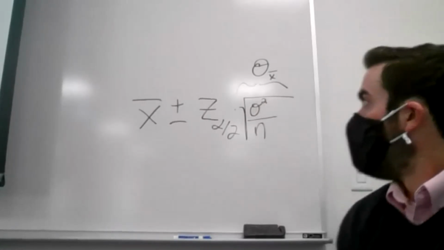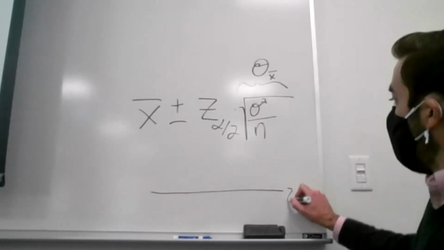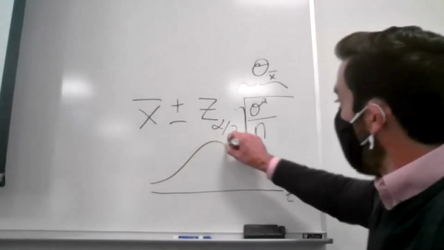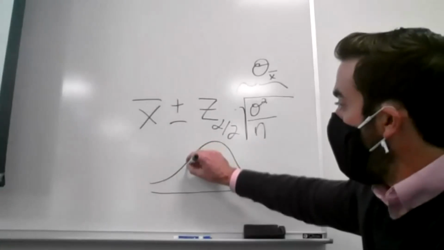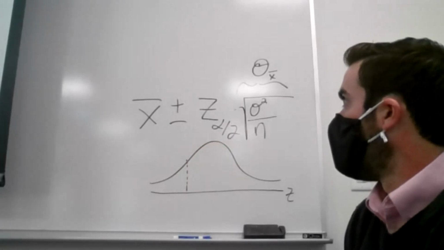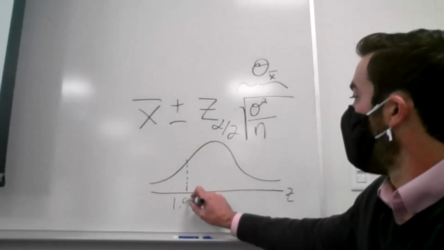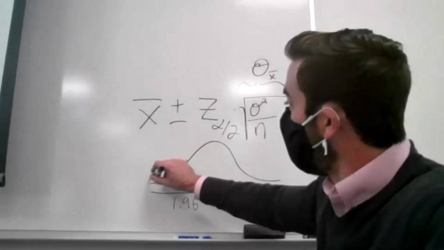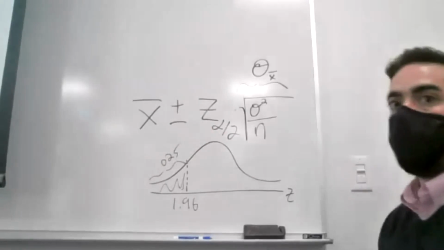Right? So the first thing I can change is setting things with different levels of confidence. Okay? So if I had, let's say 1.96, and that gives me an area of 0.025 to the left of it.